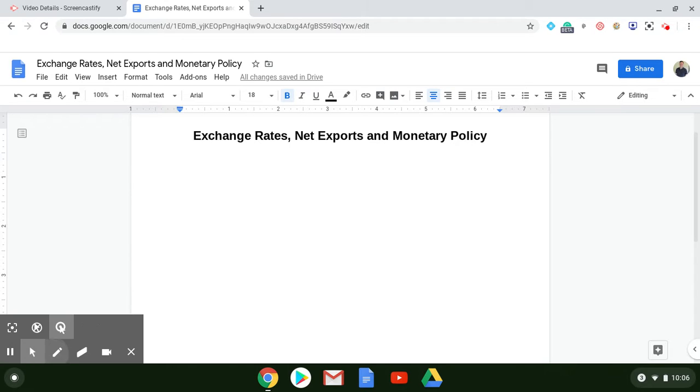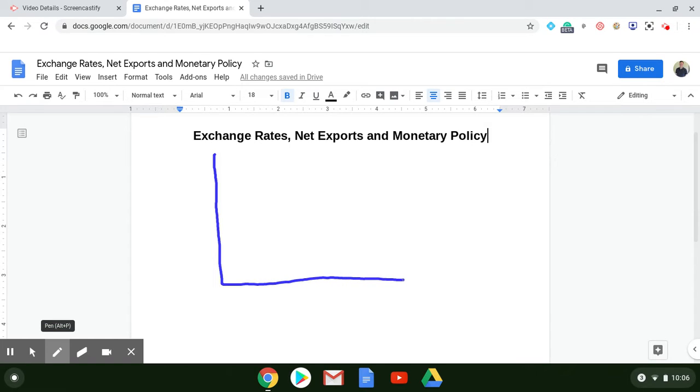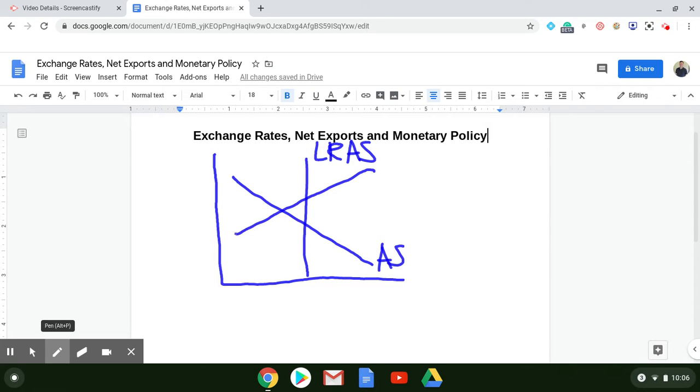Okay, so let's start out with our economy in a recession. I have my long run aggregate supply curve here, an aggregate demand line here, and a short run aggregate supply right here.